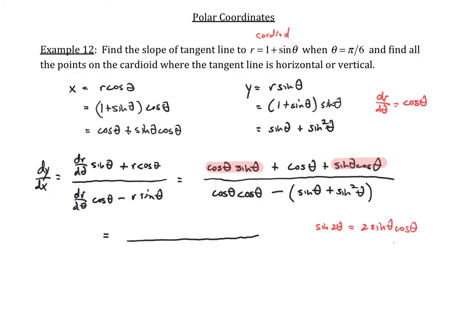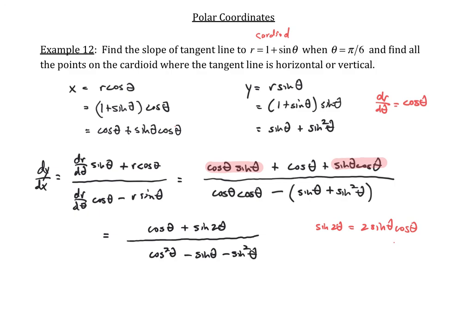The two parts that are highlighted in red, when I add those two red parts together, I get 2 sine theta cosine theta. So I can really write this as cosine theta plus sine of 2 theta, like that. And I can distribute the denominator. So when I distribute the denominator, I'm going to get cosine squared theta minus sine theta minus sine squared theta.